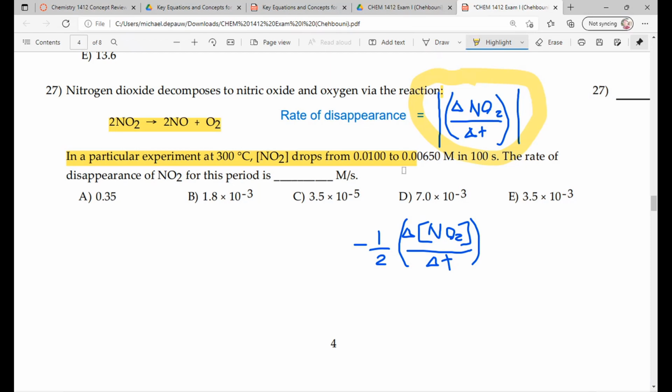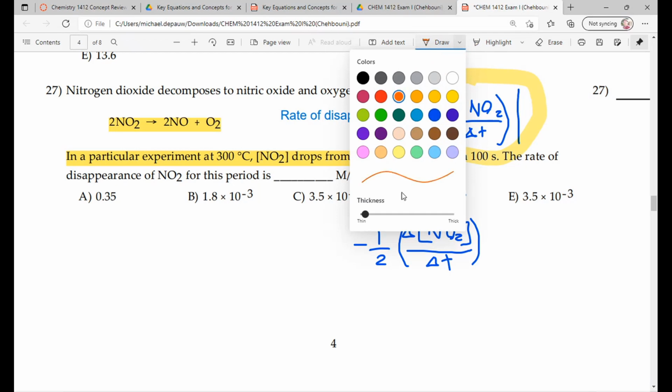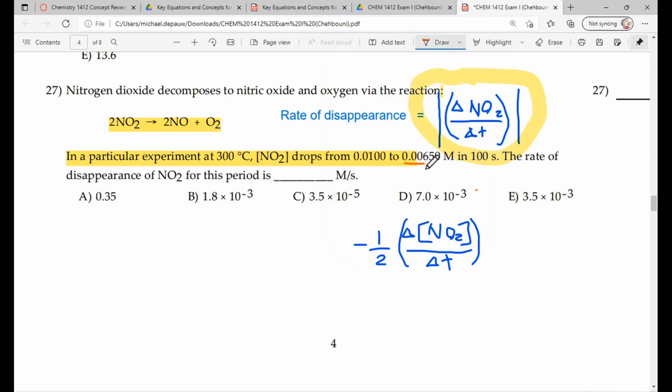So you take your final concentration, which would be this, minus your initial concentration, which would be this. Then you take that answer and divide it by the change in time, which is 100.